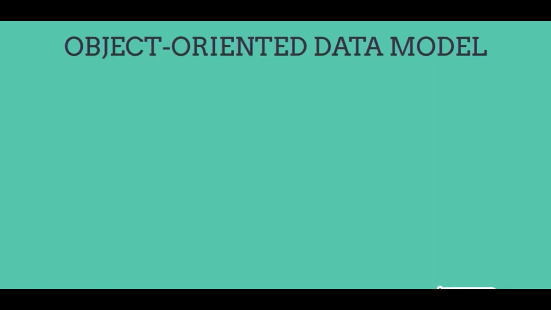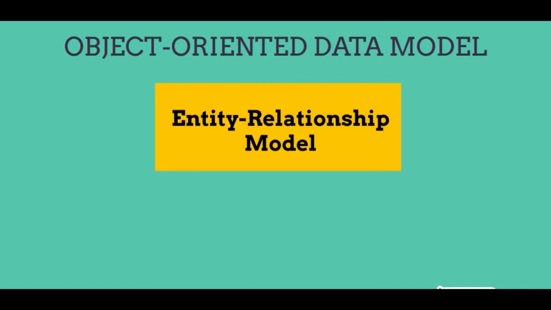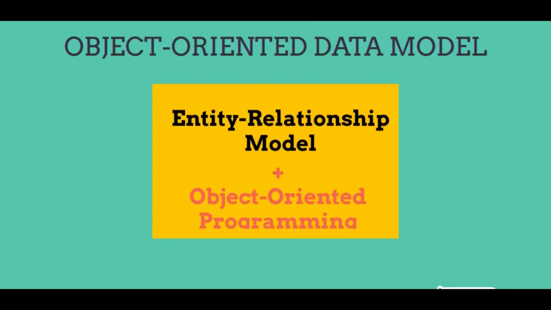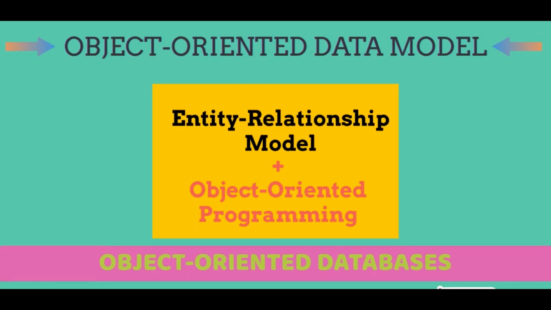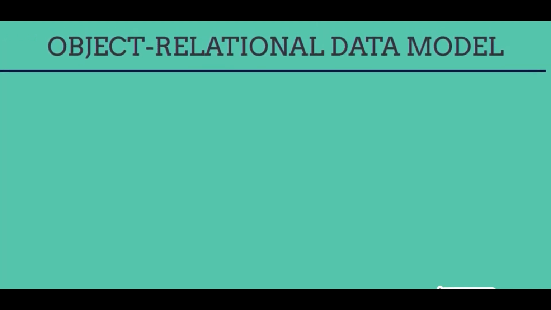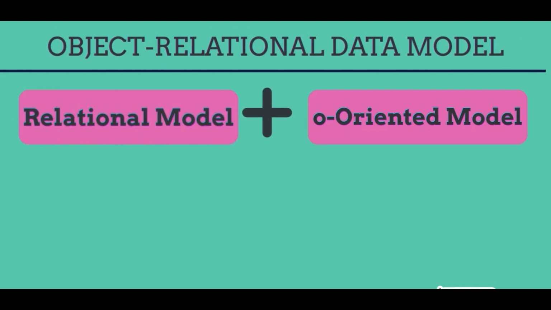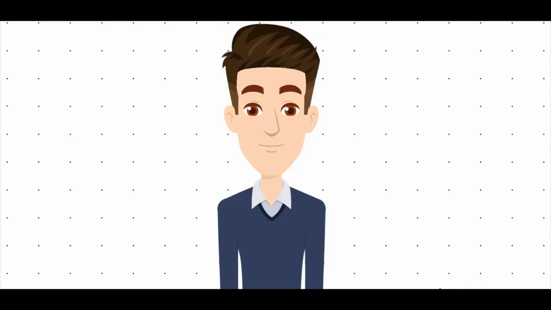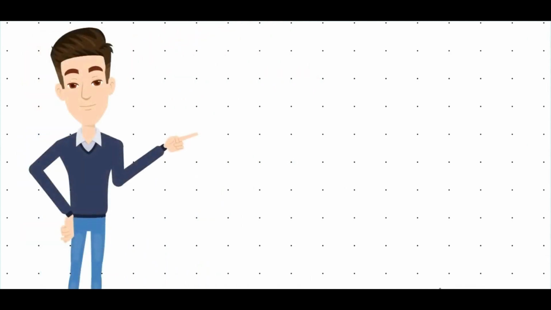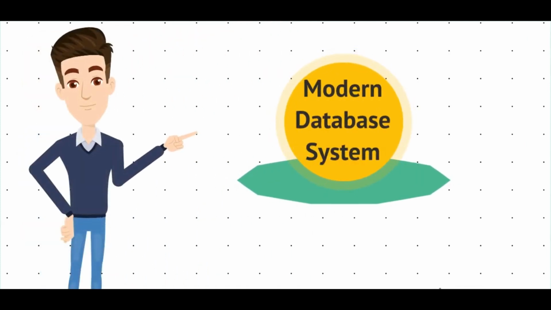It extends the concepts of the entity relationship model to include object-oriented programming concepts. This model is suitable for object-oriented databases. Object relational data model. A combination of relational and object-oriented models, allowing the representation of complex data types and relationships. Next model is the most widely used and forms the foundation of modern database systems.